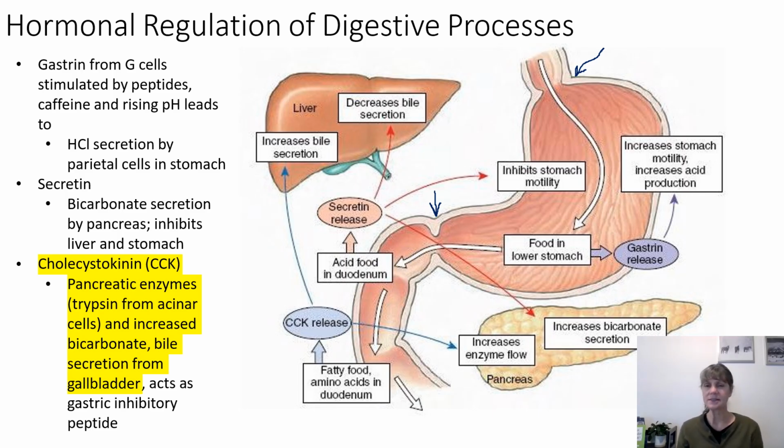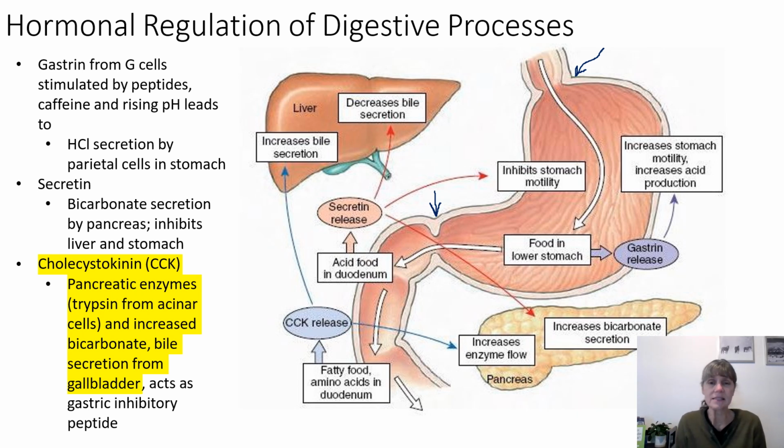The presence of that acid food in the duodenum will in turn release a hormone known as secretin. Secretin starts to inhibit the motility of the stomach. It's like, hey, I've got some chyme in here, you don't need to keep emptying into me.